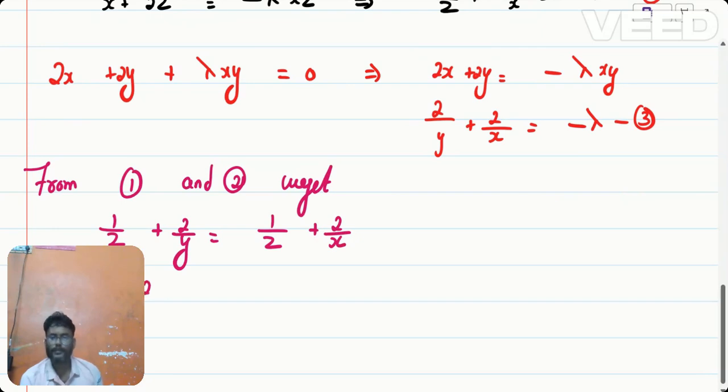So from this 2 by y is equal to 2 by x. So this will imply x is equal to y.